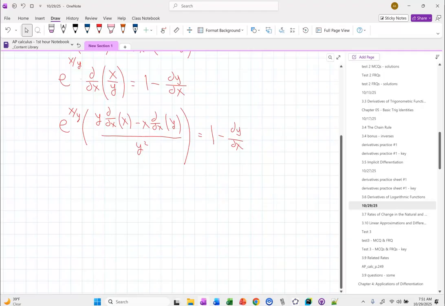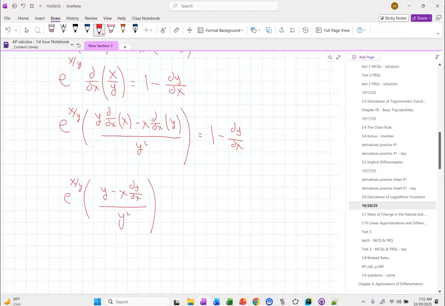The derivative of x is just 1, so I'm not going to bother, just write y rather than y times 1. Everybody cool? And the derivative of y is dy dx, so I'm going to just have x dy dx. So we have that. So far, so good. At this point, the calculus is done.